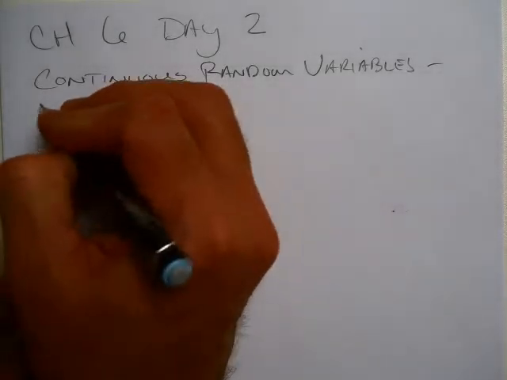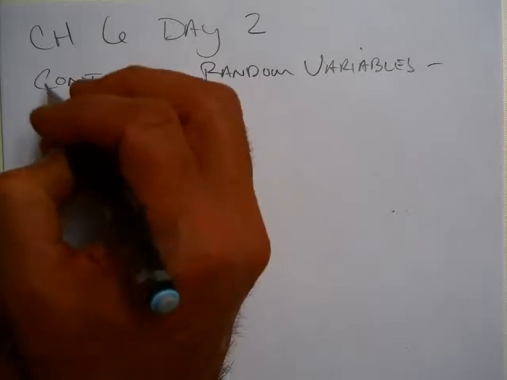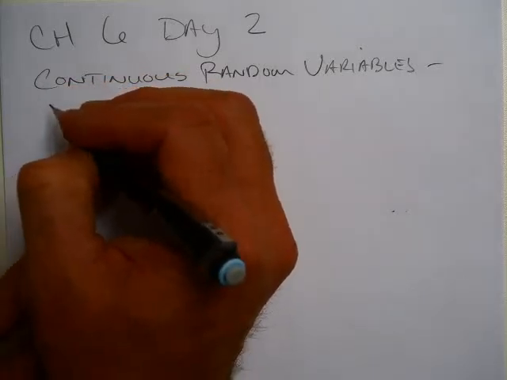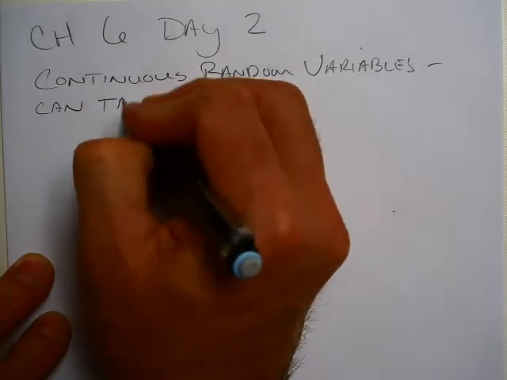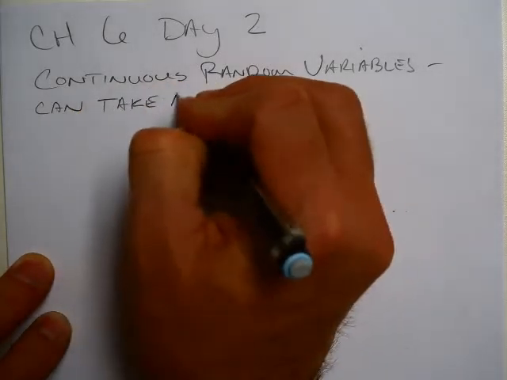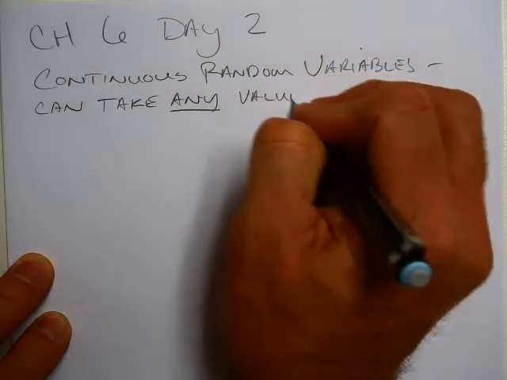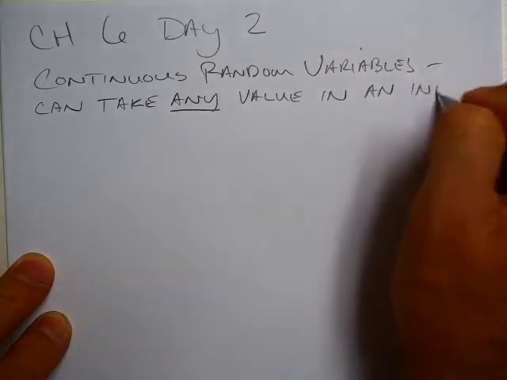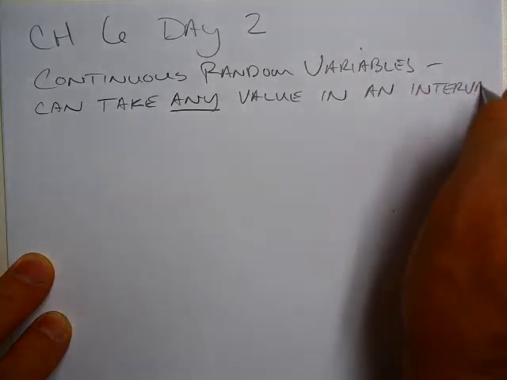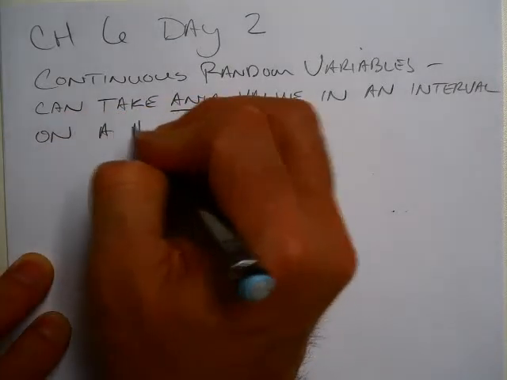In this one, continuous random variables can take any value in an interval on a number line.